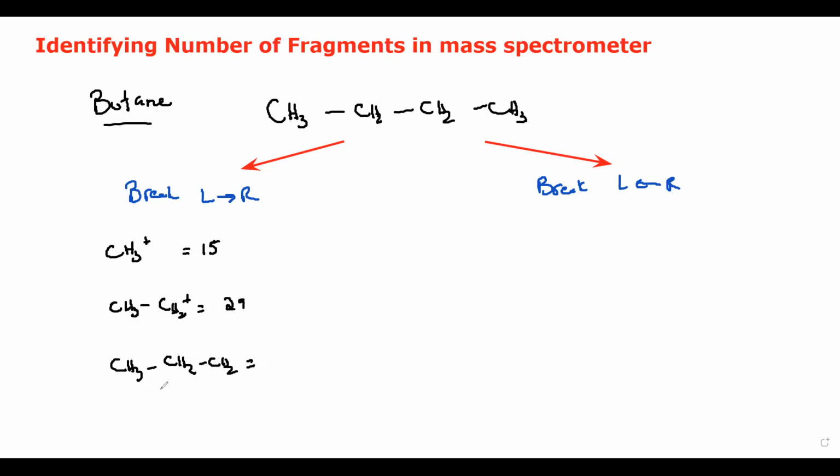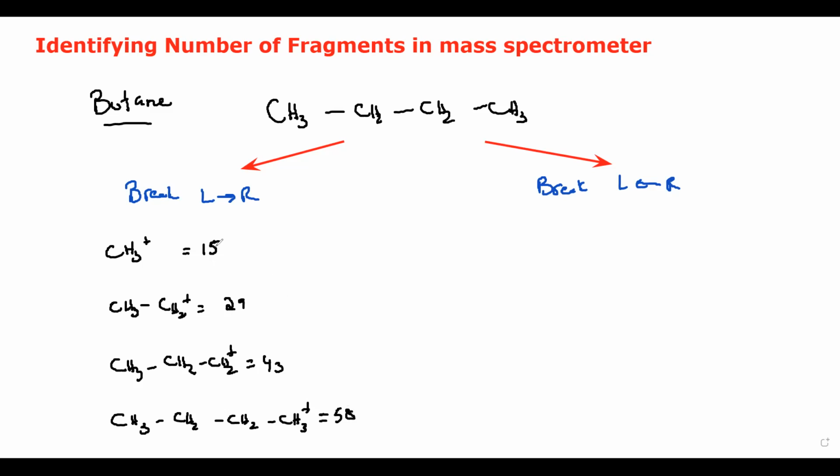Till here it was 29, 29 plus 14, so you might get a peak at 43. And whenever you're mentioning the fragments with their peaks, you should always write the charge, because ions can be accelerated in the mass spectrometer. That's why the fragments with a charge can be detected. Then we'll get a peak at 58.